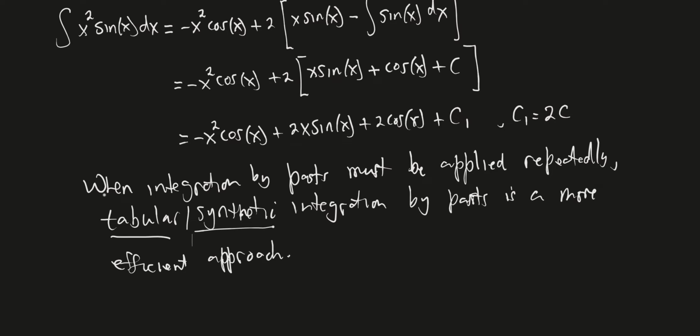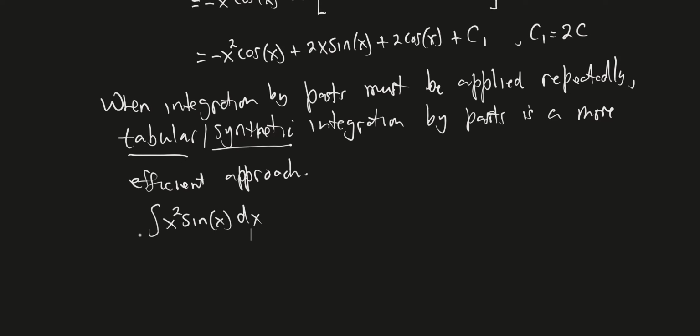So let's take this same problem, and I'm going to use this approach to show you what it looks like. We're going to do x squared times the sine of x dx, but not following the formal integration by parts process where we write down the u and the du and then the dv and then the v. We still use LIATE to make the choice. So I'm going to set up a table, which is why this version is called tabular.